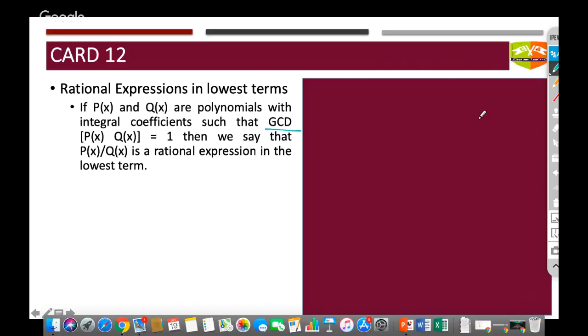So let me give you a question. And the question is (6x square minus 5x plus 1) divided by (9x square plus 12x minus 5). Now I need to know whether this is in simplest form or not.